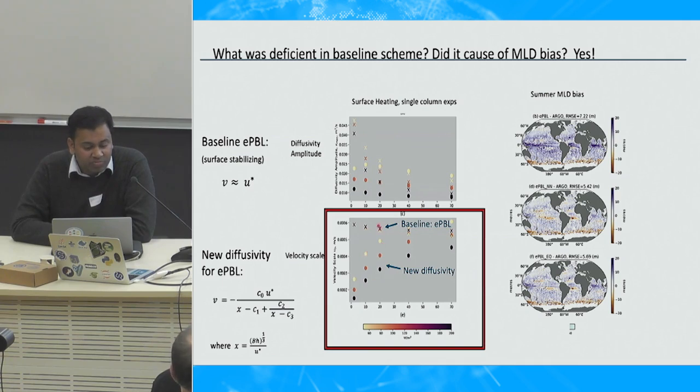And if you compare this experiment with the equations that we have in the baseline scheme for the surface stabilizing conditions, the velocity scale is only a function of u star, and there is no buoyancy term over here. But in the new diffusivity, there is this parameter x which has the buoyancy flux. So when you increase the buoyancy flux, the velocity scale does decrease.